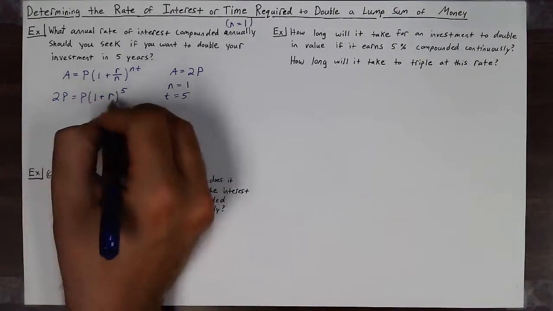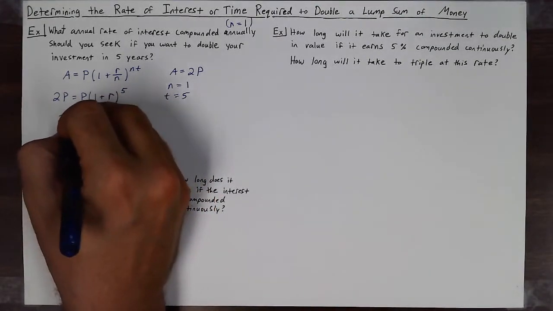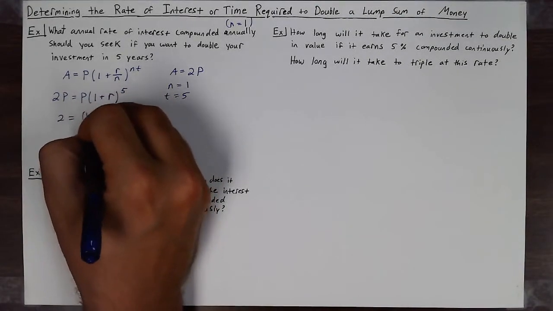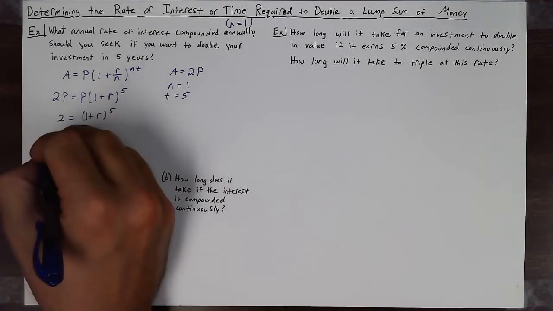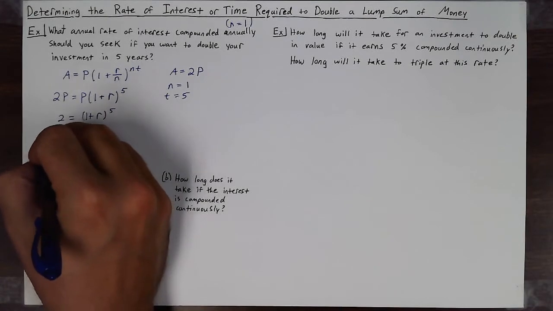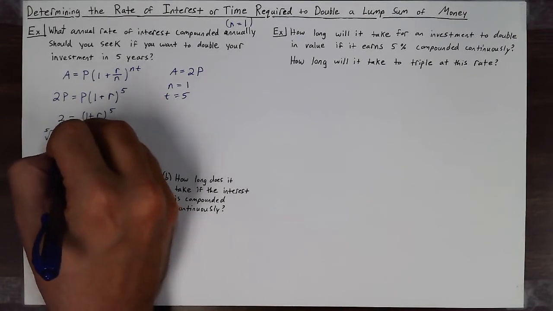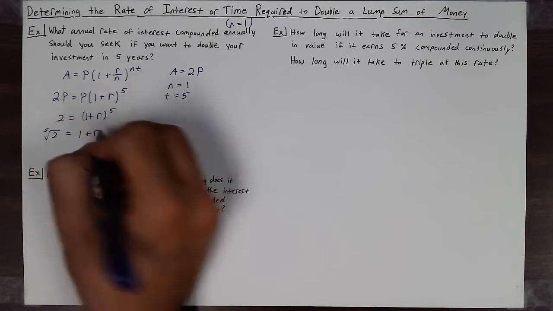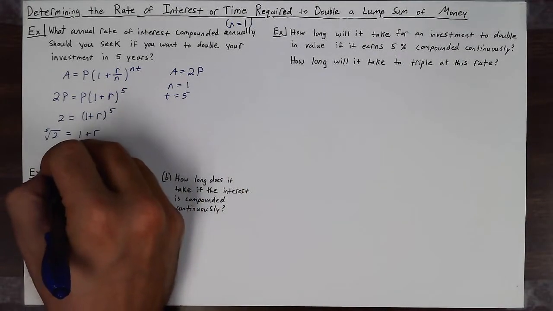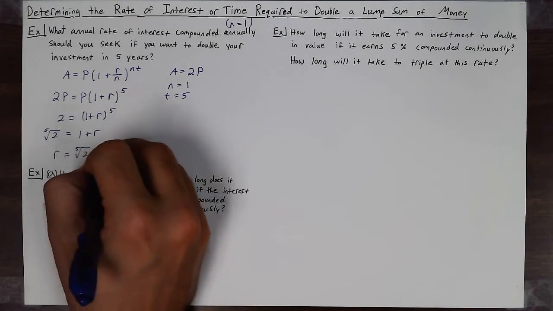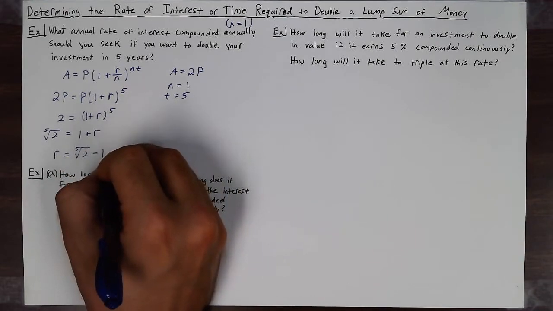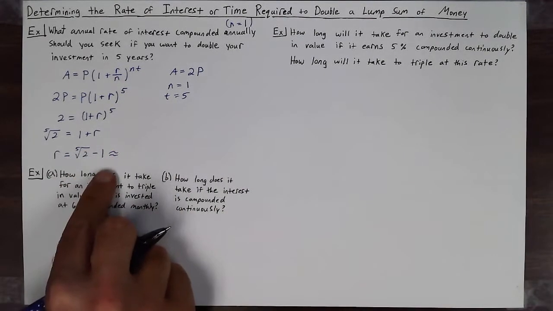Well, first I'm going to divide each side by P to give me 2 is equal to 1 plus r to the 5th power. Then I'll take the 5th root of each side of my equation. So I get the 5th root of 2 is equal to 1 plus r. And then I can subtract 1, and I get r is equal to the 5th root of 2 minus 1, which isn't a good way to look at a rate, so I'm going to find out what decimal that is.